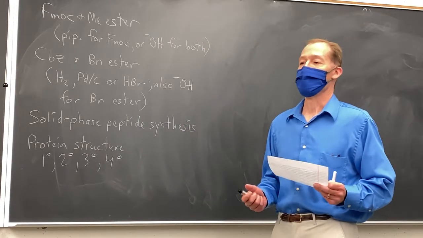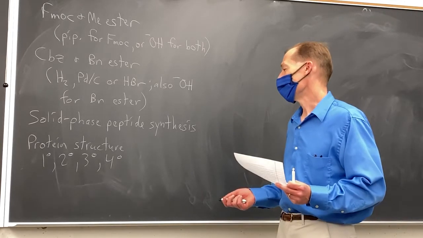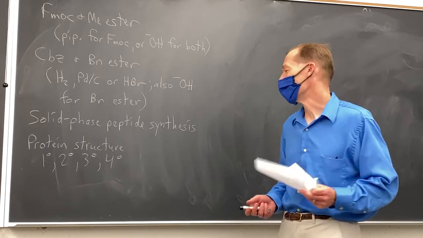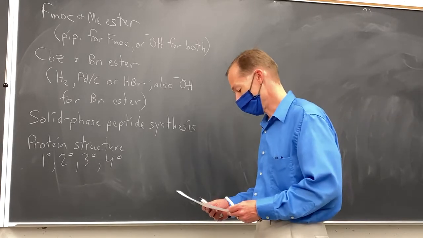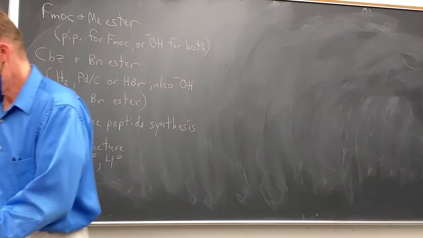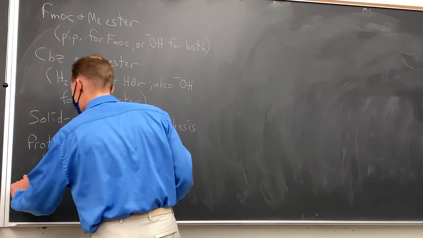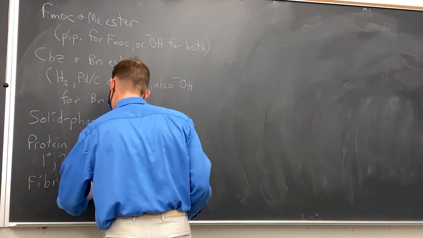Electrostatic attractions or salt bridges, hydrogen bonds, disulfide bonds, a lot of different features involved in these types of structures. I grabbed the wrong paper here. So, and then we talked about some categories of proteins. We had fibrous proteins.